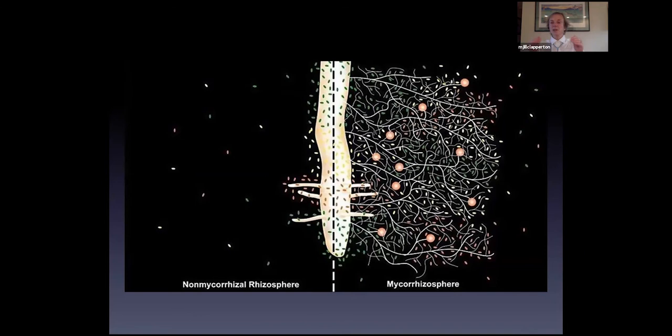So the plant starts pushing more nutrients, especially organic acids and amino acids, down into the root zone. This also changes the composition of the bacteria and the fungi associated with the mycorrhizosphere.